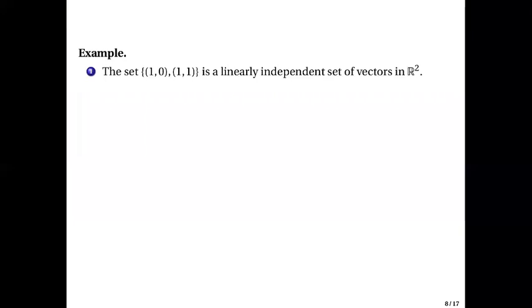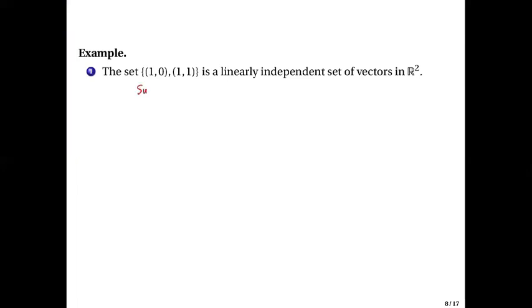Let's look at this. The set (1, 0) and (1, 1) is a linearly independent set. We tried to do the scalar multiple approach to show this is linearly independent. But let us use the theorem, because that theorem can be used for any vector space and any number of vectors in the set.